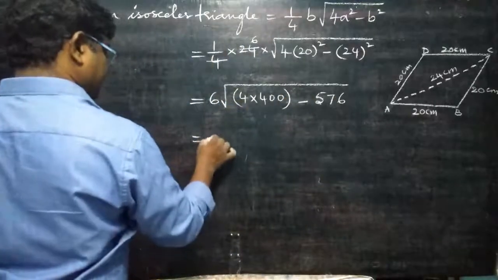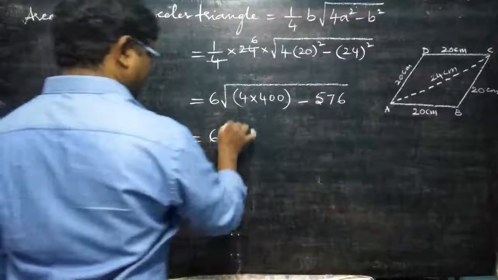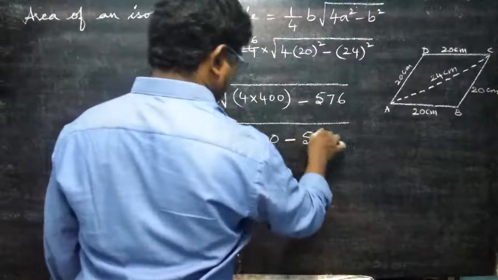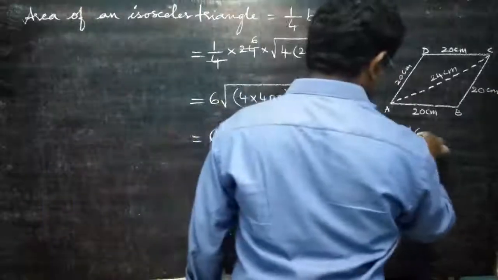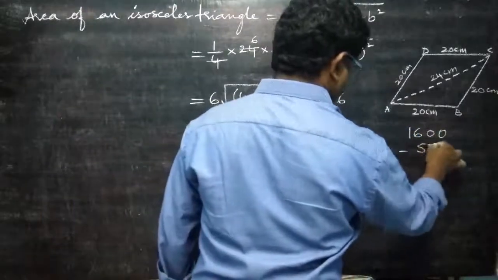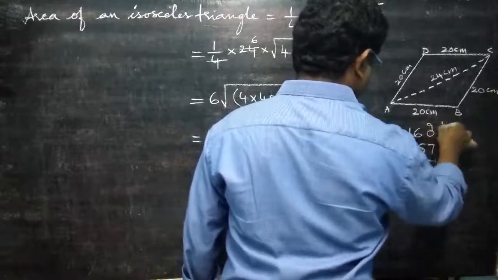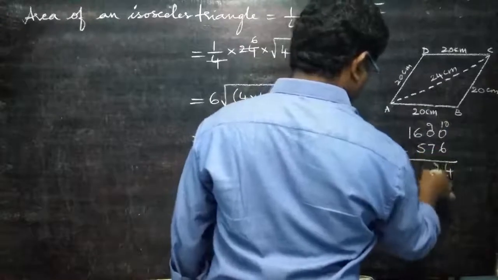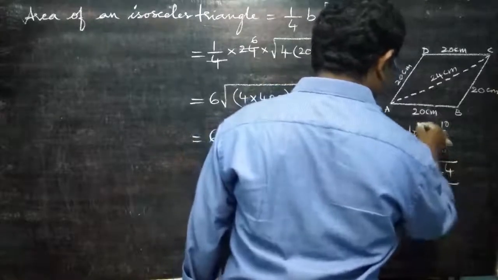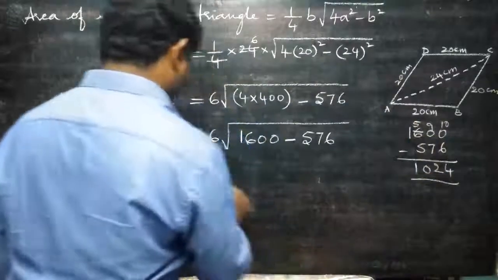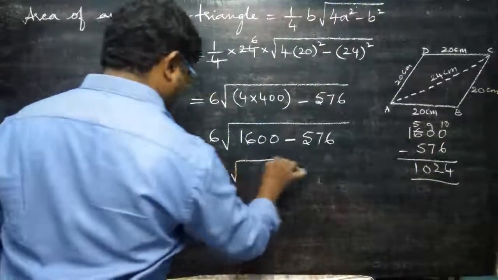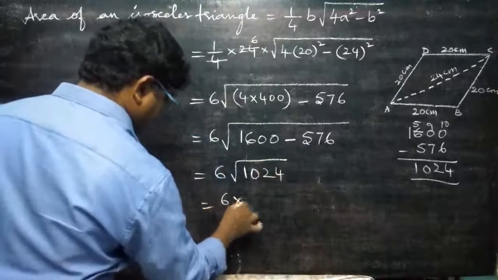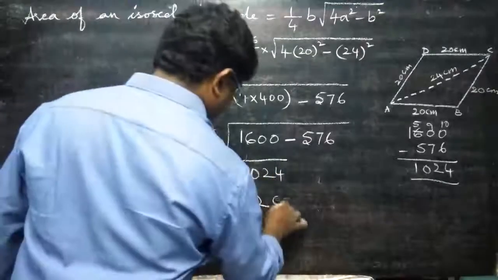That is equal to 6 into square root of 1600 minus 576. Subtracting, we get 1024. So 6 into square root of 1024, you know, 6 into 32 centimeters.